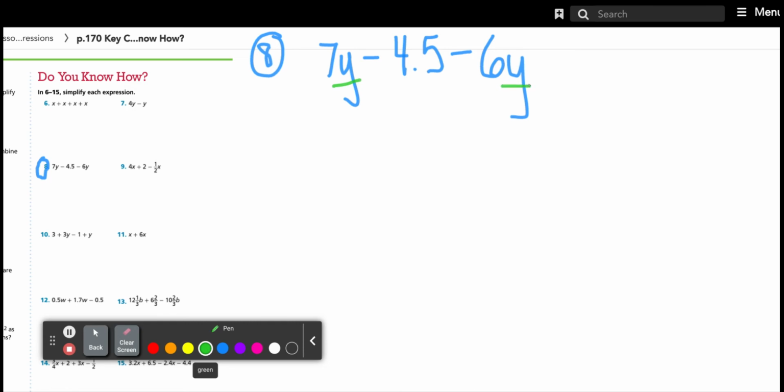So let's rewrite those next to each other. 7y, okay, I wrote that, cross it off. We're going to bring down the minus 6y, bring it down, cross it off. Next, bring down 4.5. So I'm using the commutative property of addition or subtraction, or really it's the commutative property of addition.